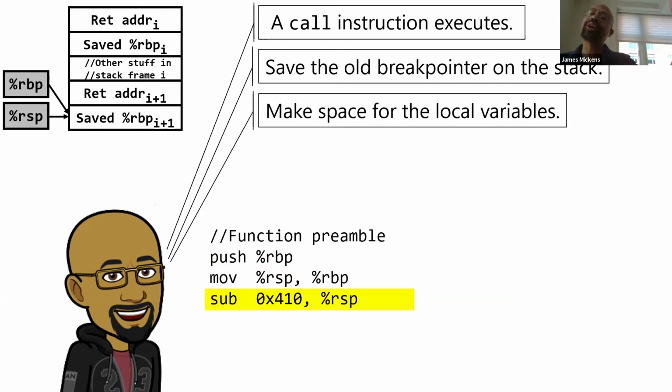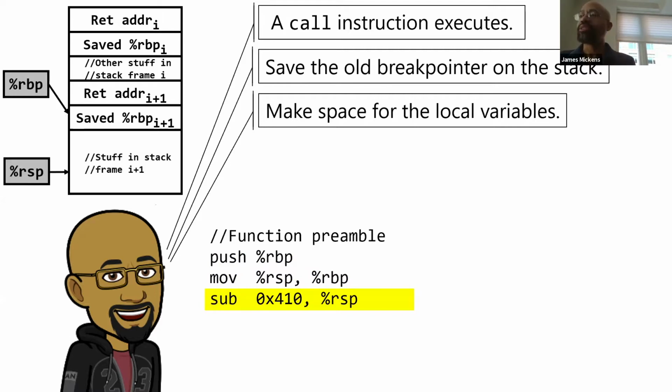We're going to subtract a value from the stack pointer. The stack pointer is now going to move down, and now we've got space for all the stuff in this new stack frame we need to create. Mostly that stuff is going to correspond to local variables in that new frame.